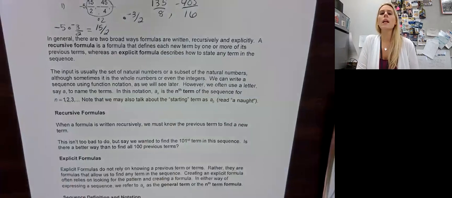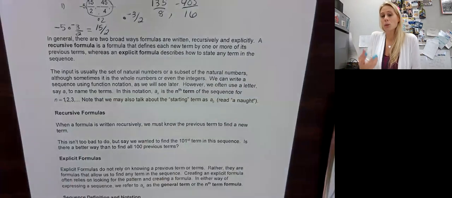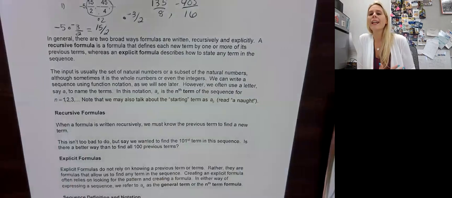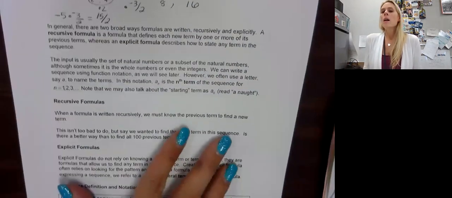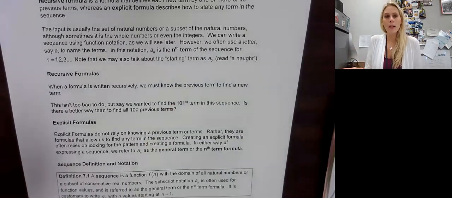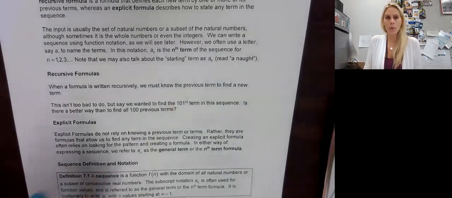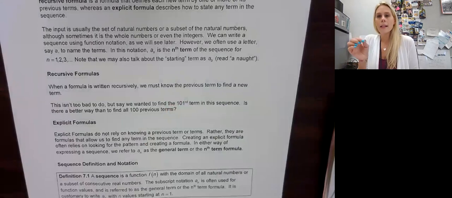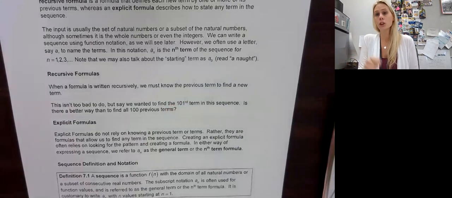So the explicit formula is an actual equation that we create that allows you to find any term at any place. Now, some things that I want you to be aware of. n is the term: the nth term, the first term, second term, third term.